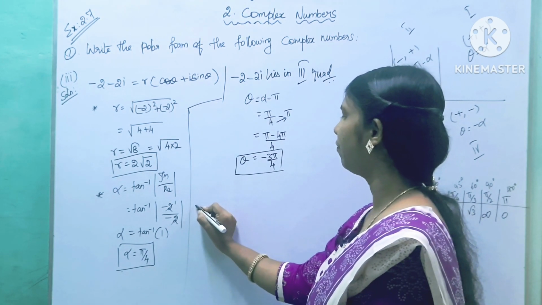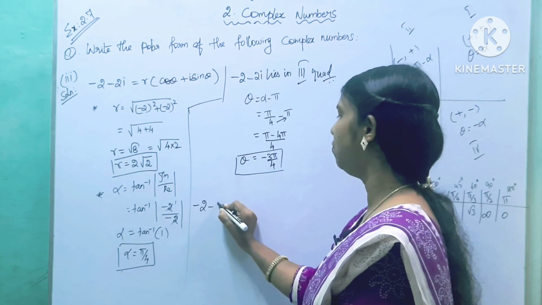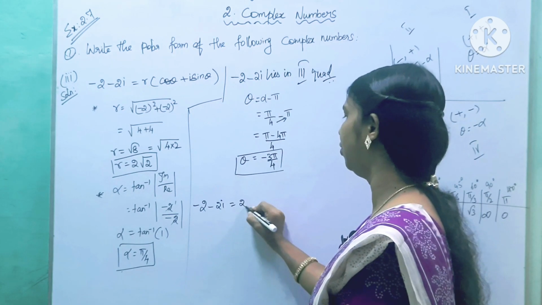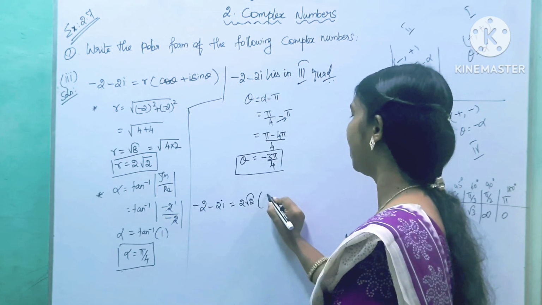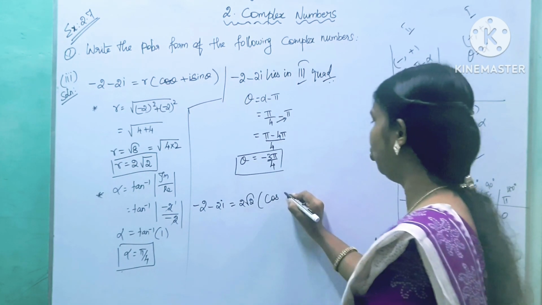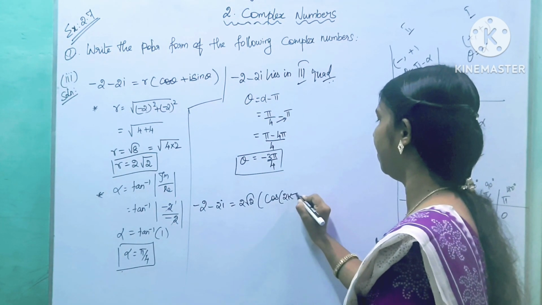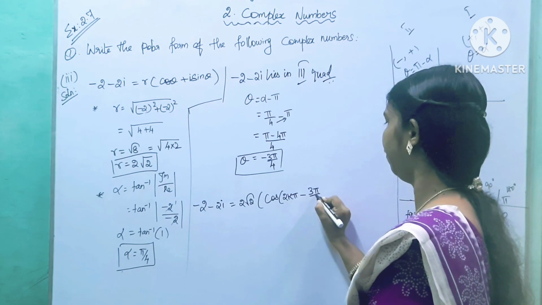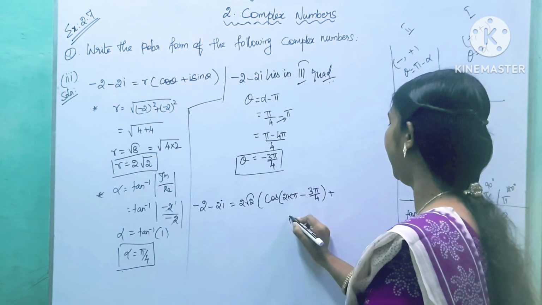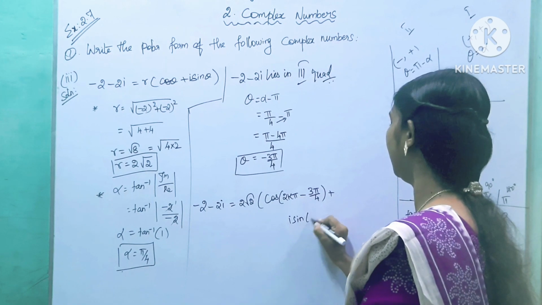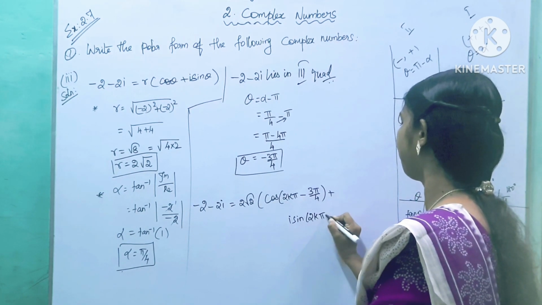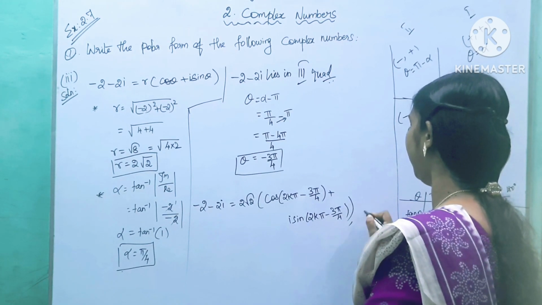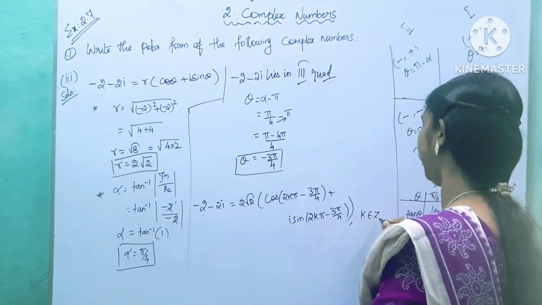Therefore, the polar form of complex number minus 2 minus 2i is equal to r into 2 root 2 into cos of adding 2k pi with the argument. So, minus 3 pi by 4 plus I sin 2k pi minus 3 pi by 4, where k belongs to the integer.